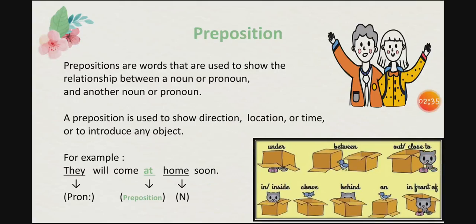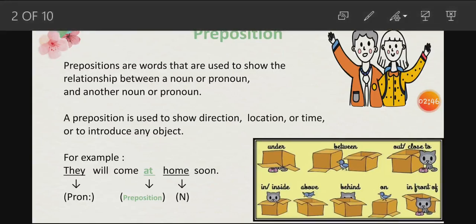There are many other prepositions as well. You can see in this picture that there is a mouse, there is a bird as well, and in the first picture you can see the preposition under, because the cat is under the box. Between, the bird is between two boxes.